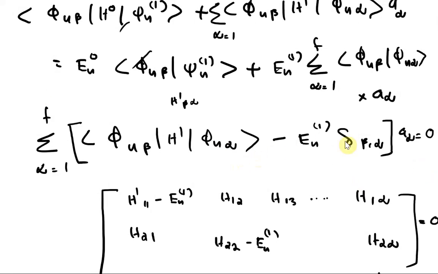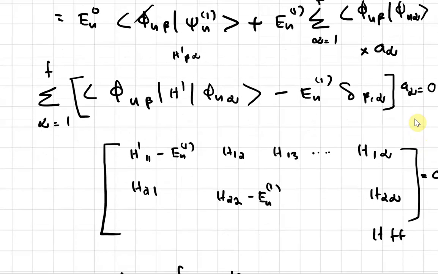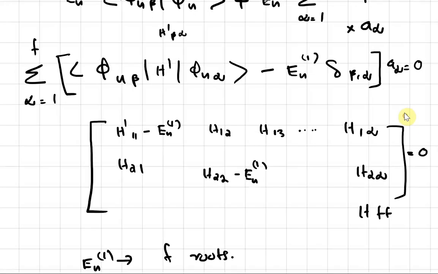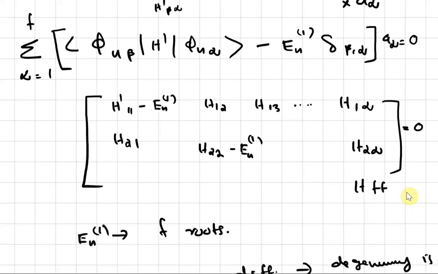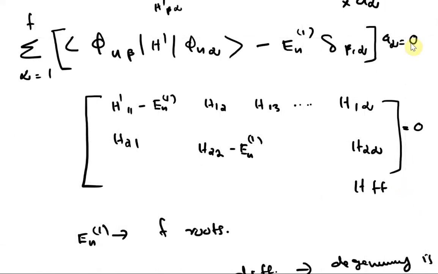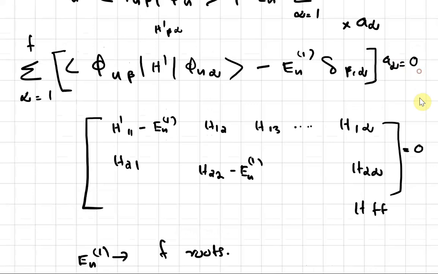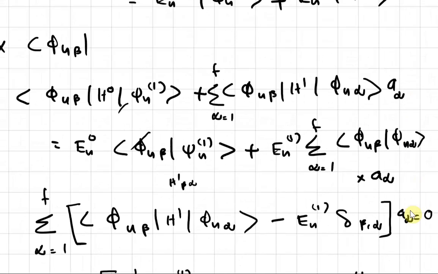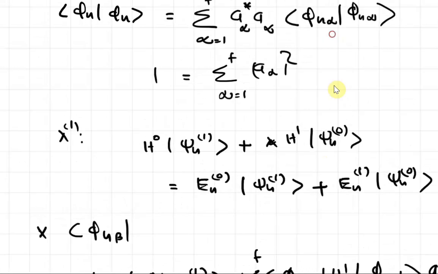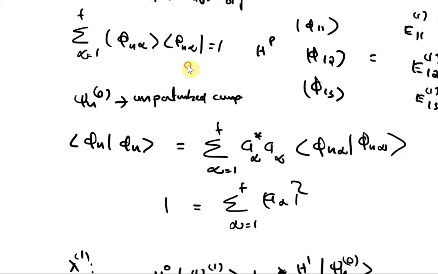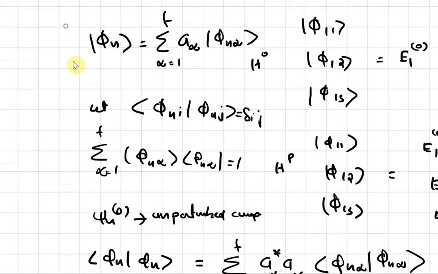Once you know the E_n^1, you can find out the quantity a alpha corresponding to each E_n^1 value. So once you know a alpha, you will be able to get your zero order wave function, this quantity phi n.